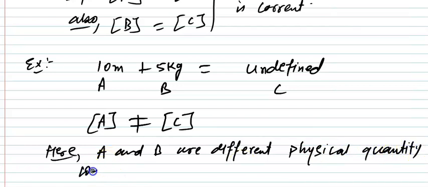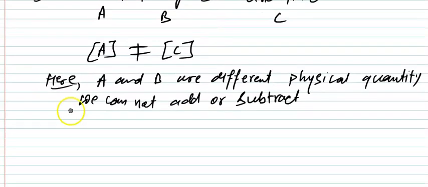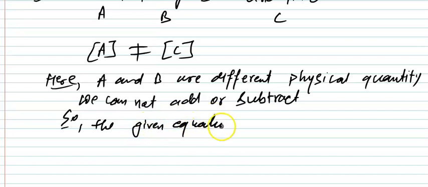We cannot add or subtract them because the result is actually undefined. Getting it, everyone? So this equation is incorrect. So the given equation is incorrect, right?